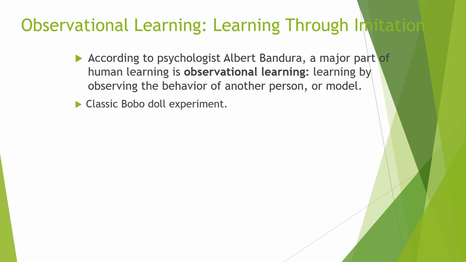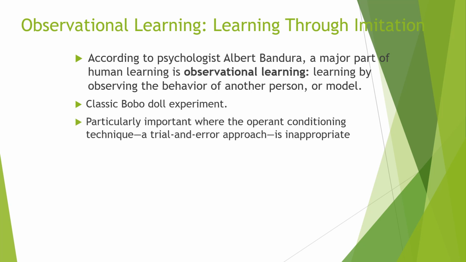So they observed an adult hitting the Bobo doll, and then they themselves also hit the Bobo doll. This is the classic Bobo doll experiment looking at observational learning. So it is particularly important where the operant conditioning technique, a trial and error approach, is inappropriate.